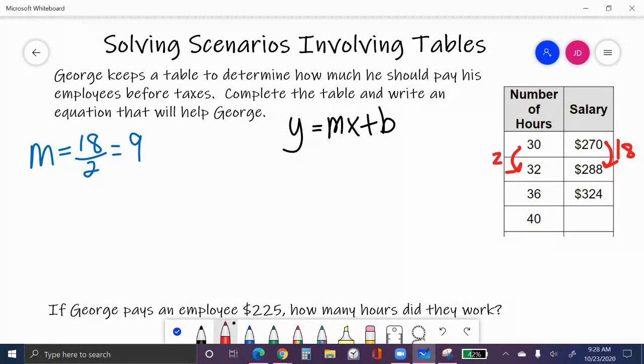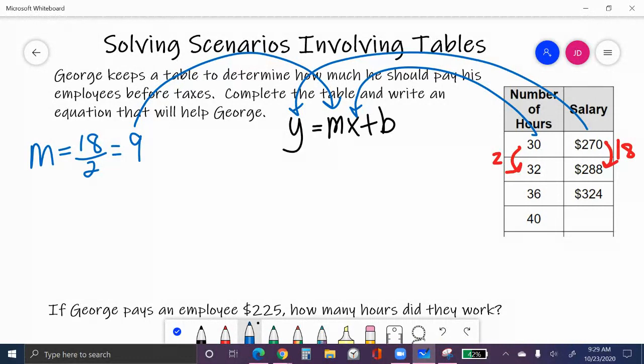So I plug in my 9 in for m. And then I also plug in a point. The number of hours is my x, and the 270 is my y. So we have 270 equals 9 times 30 plus b.